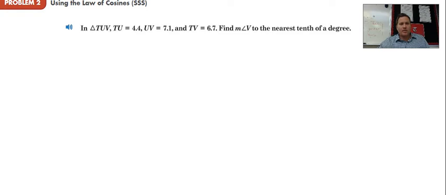In this example, it says triangle TUV, and it doesn't give me a triangle. If it doesn't give me a triangle, let's make sure that we draw one. It's always good to have pictures, it's very hard for us to do this in our heads.